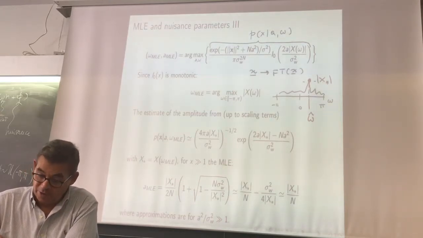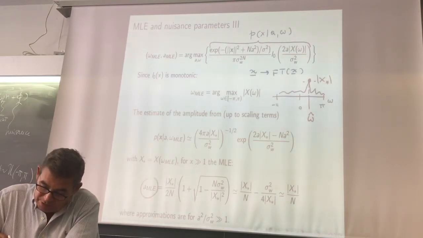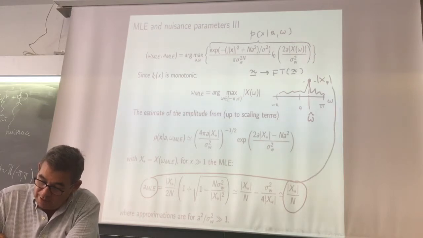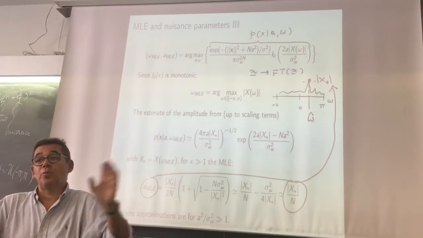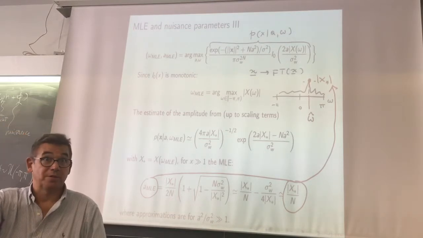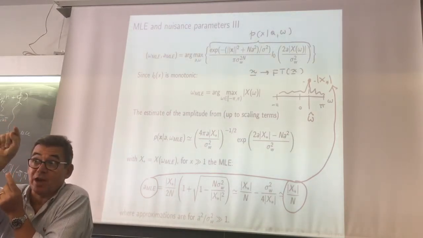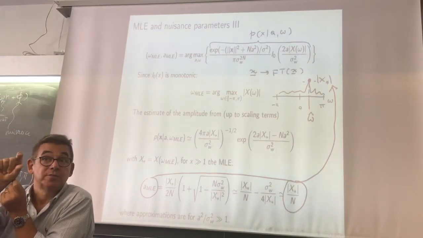So what we got is that the amplitude of the sinusoid is a scaled version of that. When I make a Fourier transform, I look at the maximum. The position of the maximum gets me the frequency, and the amplitude of the Fourier transform divided by n gives me the amplitude of the sinusoid.